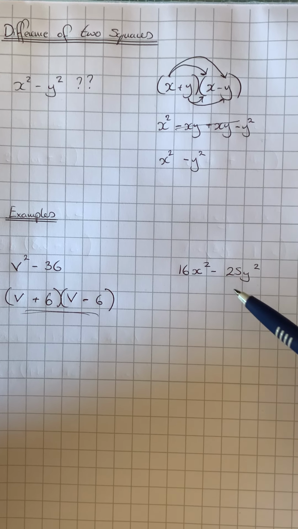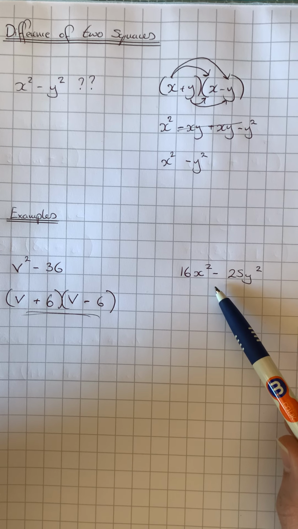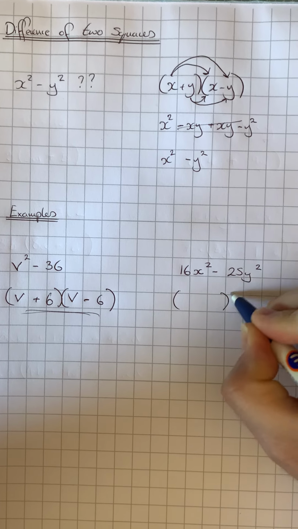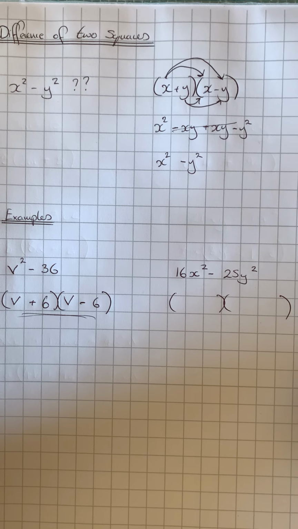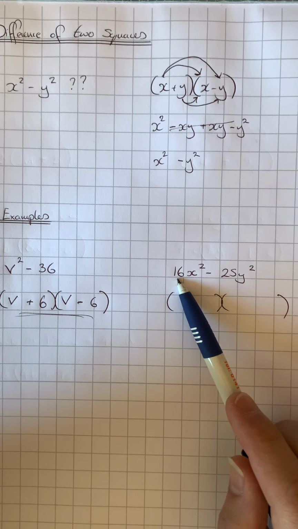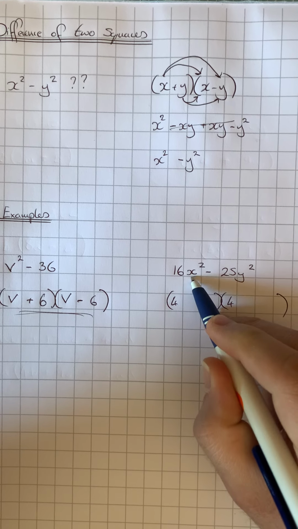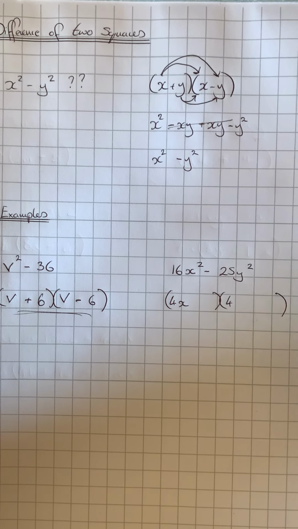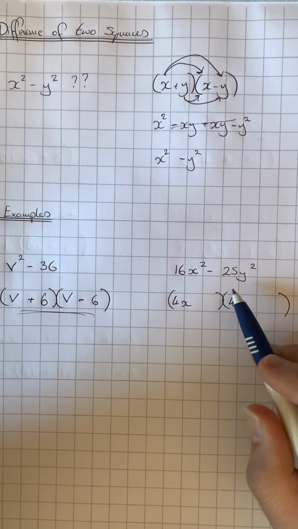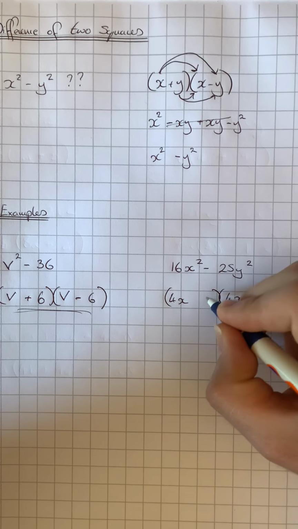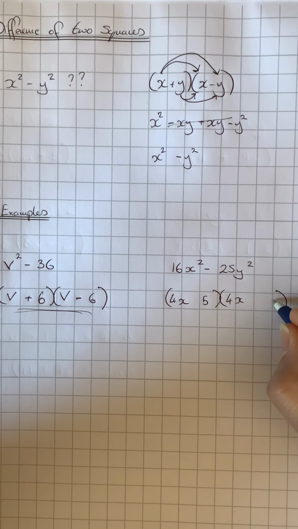The more complex we get, if we have 16x squared minus 25y squared, we still perform our same double brackets. Square root of 16 is 4. Square root of x squared is x. And then we'll look at 25y squared. The square root of 25 is 5.